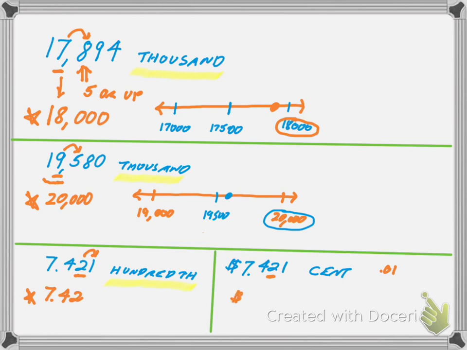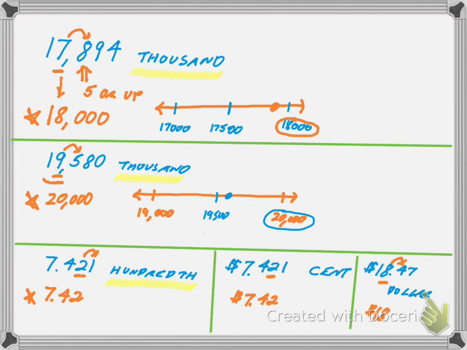So this would be $7.42. We can use that theory also if we are rounding to dollars. Let's say that we have $18.47. If we were to round to the nearest dollar, that's like rounding to the nearest whole number, or nearest 1. And we would say $18.47 is closest to $18.